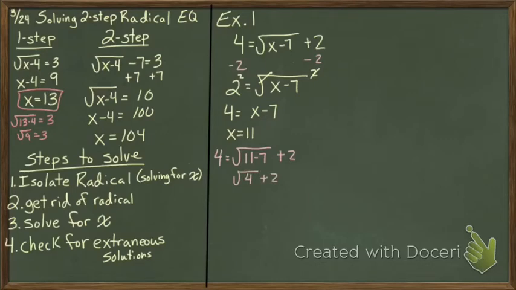The square root of 4 is 2. And 2 plus 2 equals 4. So that tells me that x equals 11. That solution works. Okay. Next, going to the next example here.